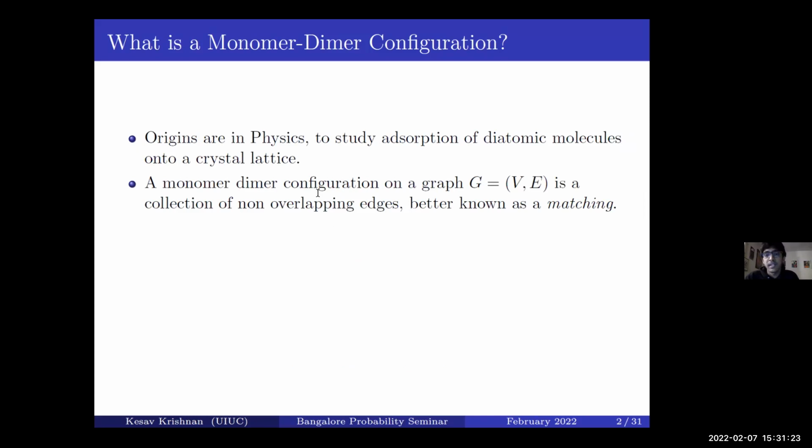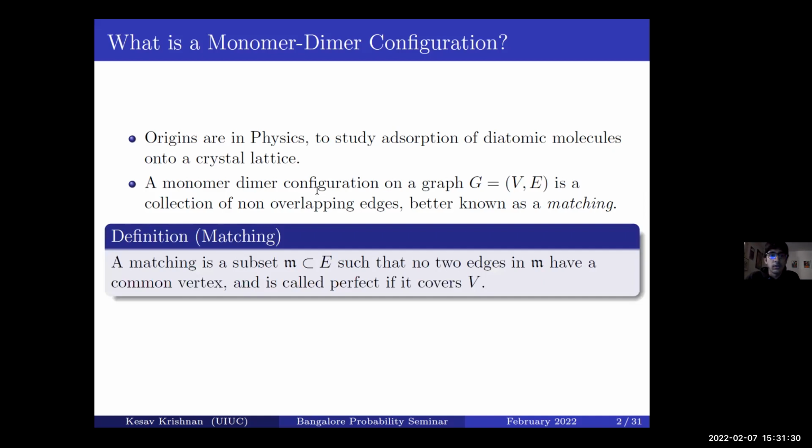Non-overlapping means that they don't share a common vertex, and that's better known as a matching. So no two edges in a matching would have a common vertex, and the matching is called perfect if it covers V. We'll denote the collection of all matchings on a graph by script M.